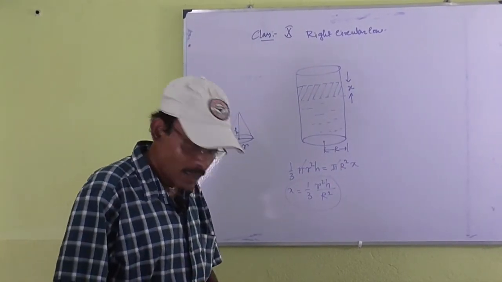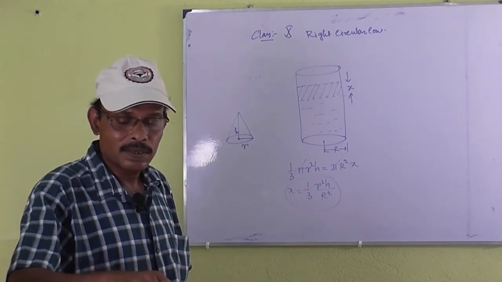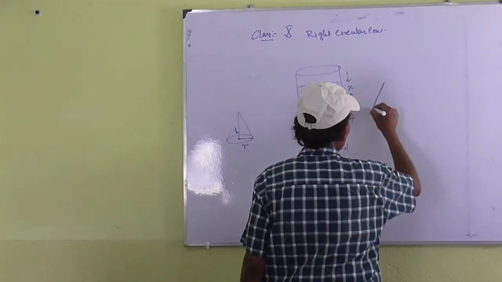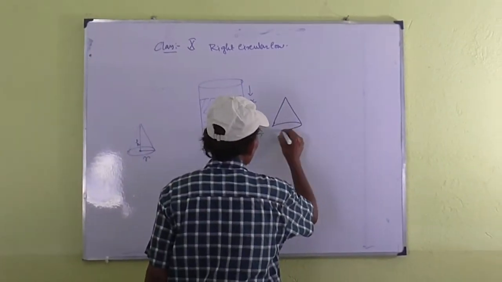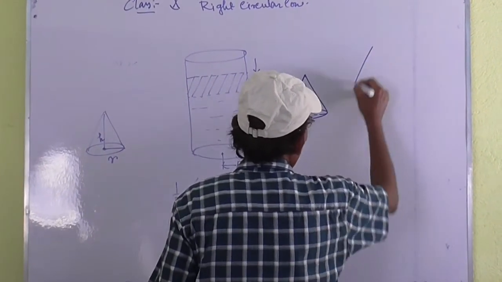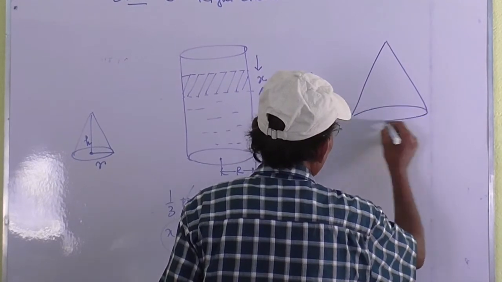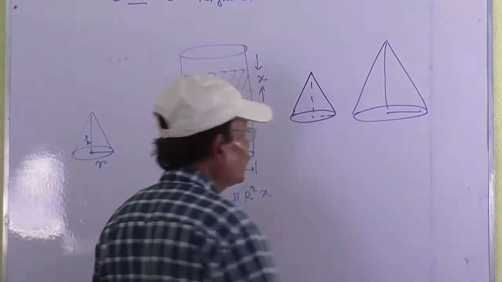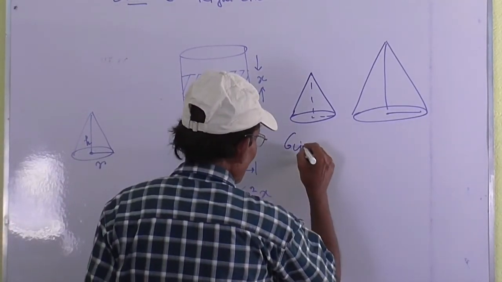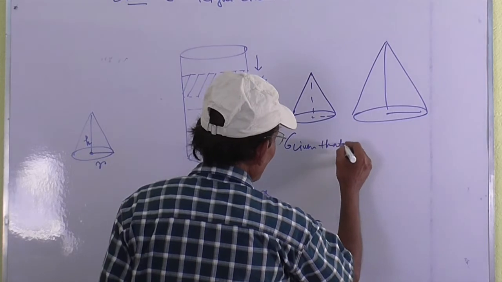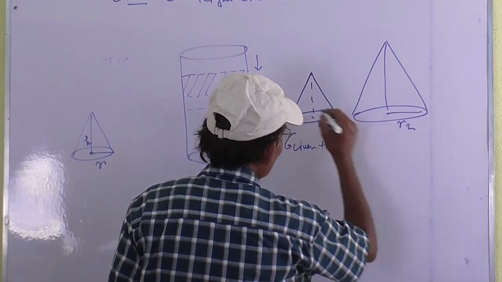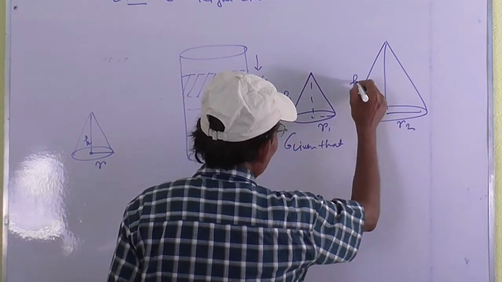Let us take another example. If we take two right circular cones, this is a right circular cone. Okay. Here, let us take this is r 1 and this radius r 2, this height h 1 and this height h 2.